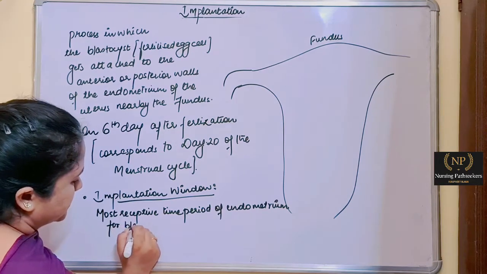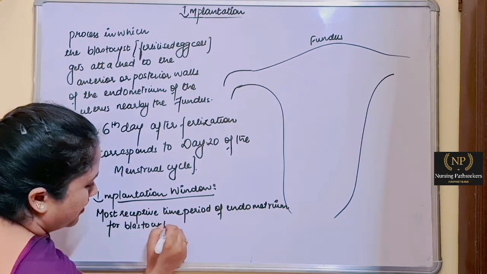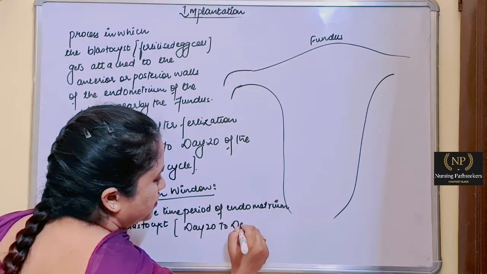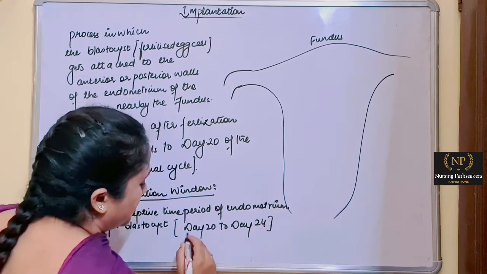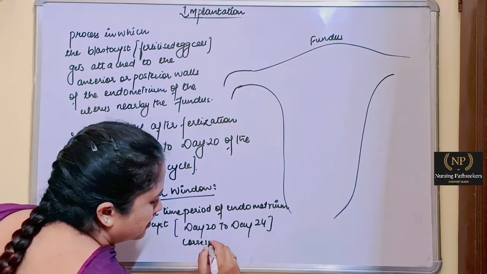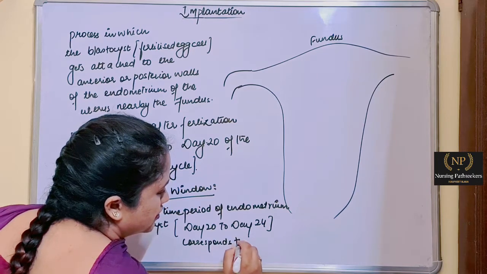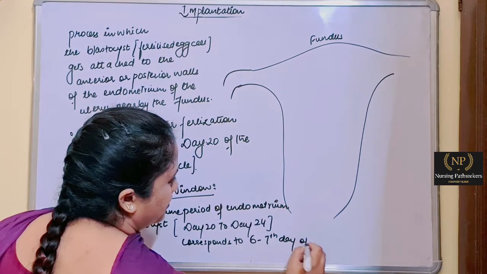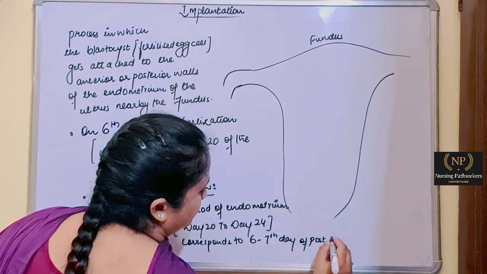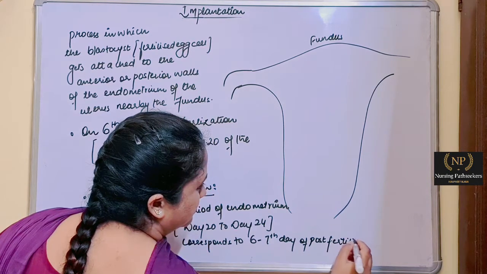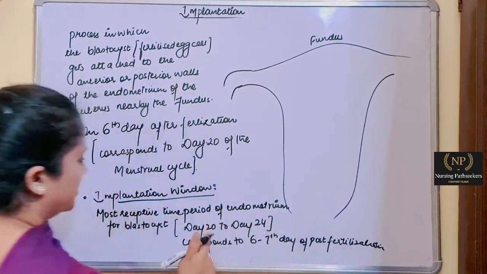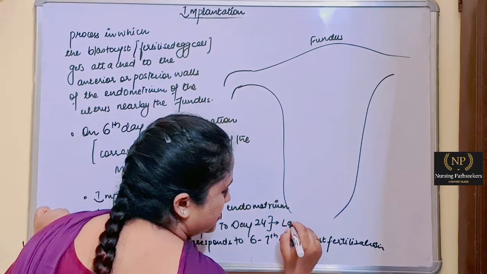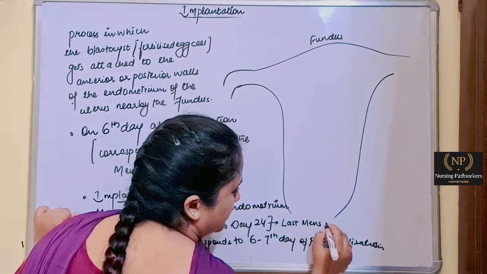It is about day 20 to day 24, which corresponds to the 6th or 7th day post-fertilization, counted from the last menstrual period.